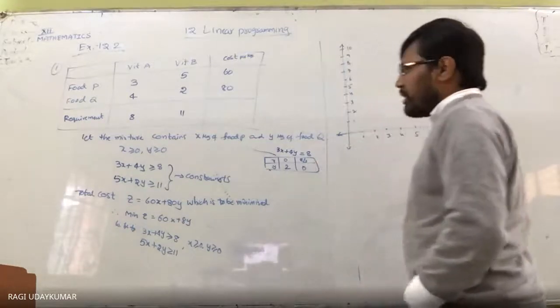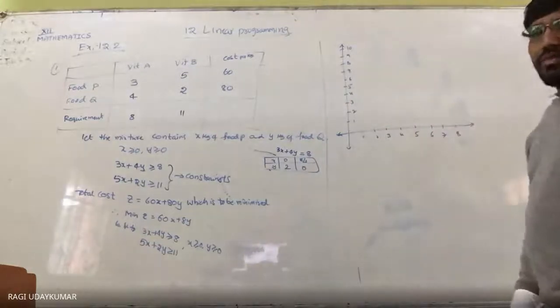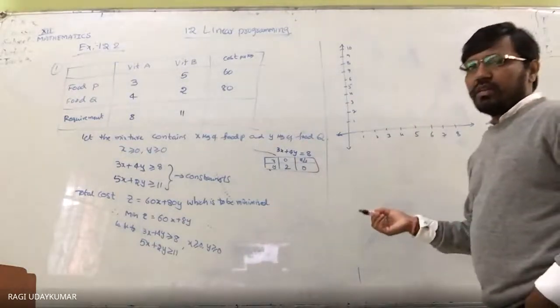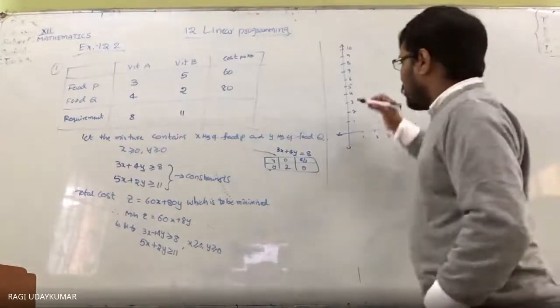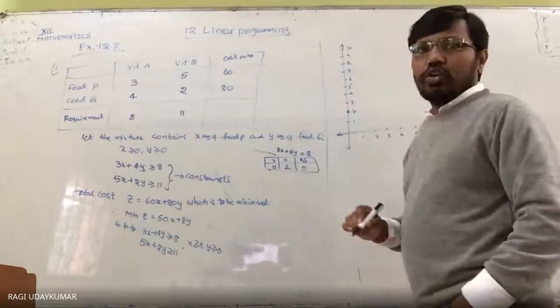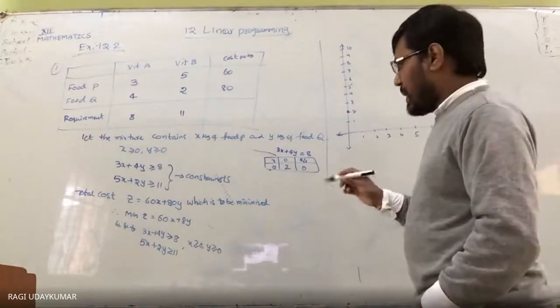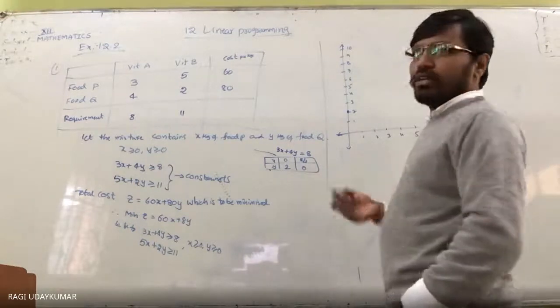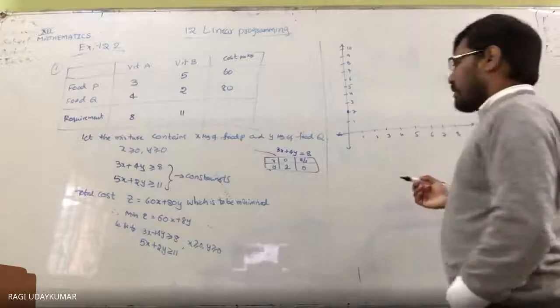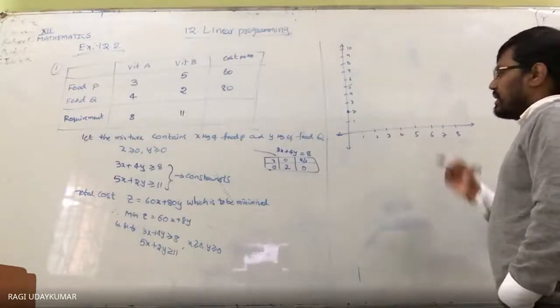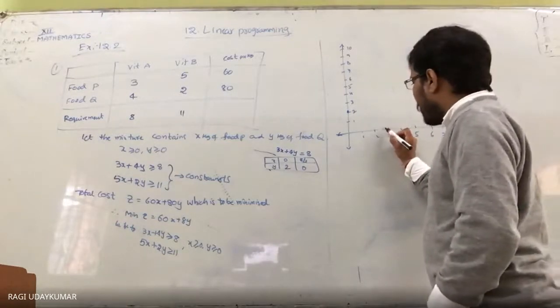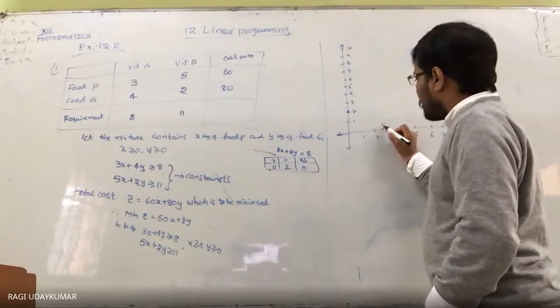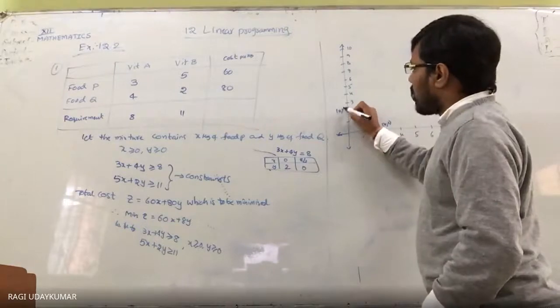The point is 0 comma 2, here. And 8 by 3 is approximately 2.67, nearby 3. So this is 8 by 3 comma 0, and this is 0 comma 2.